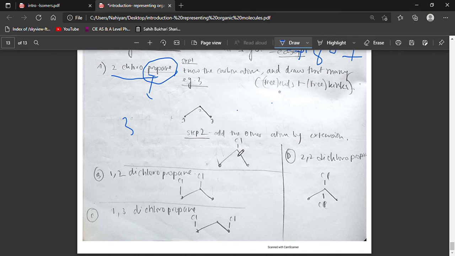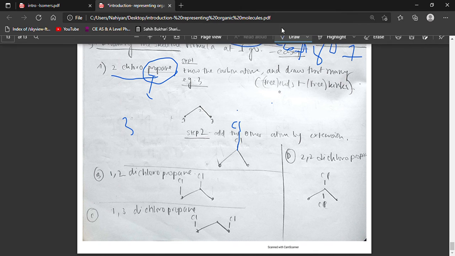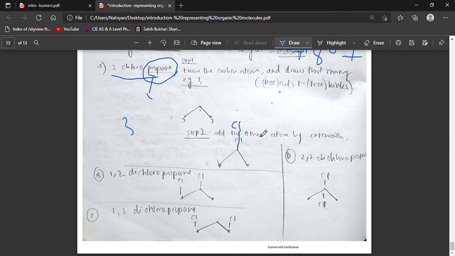We extend a line from this carbon and then we write a Cl, which I have already done. So this line doesn't represent any carbon, but is actually an extension representing the bond with chlorine itself. So this is the second step. I've written it in pencil over here, so I don't have to do it again.